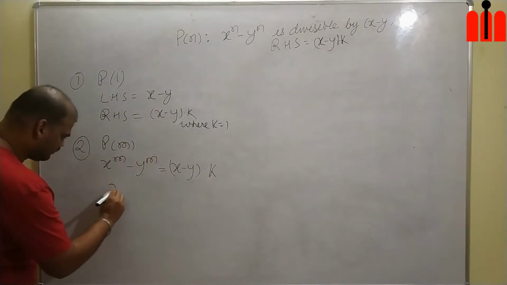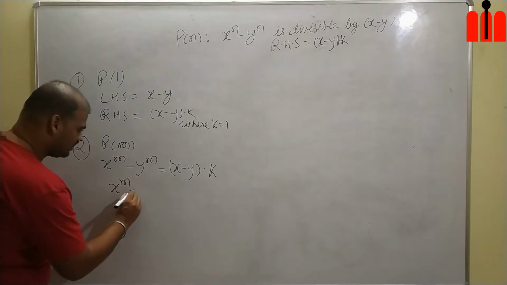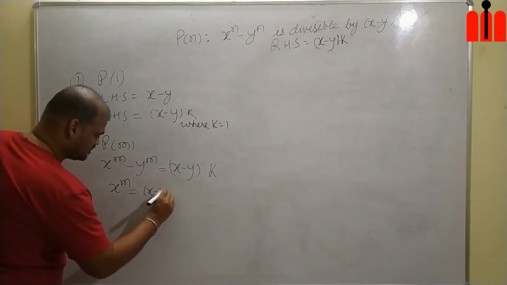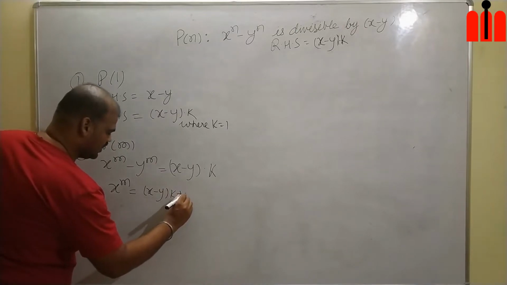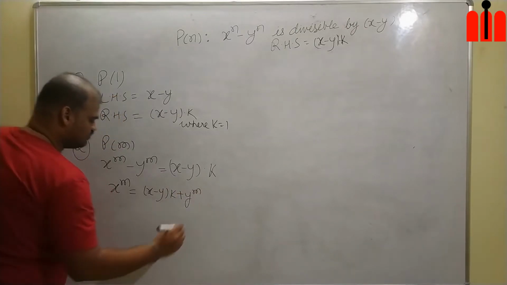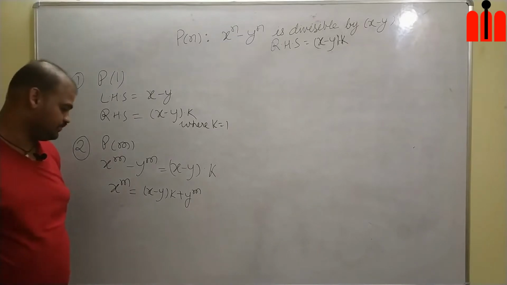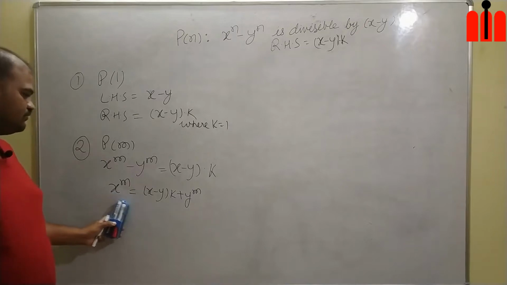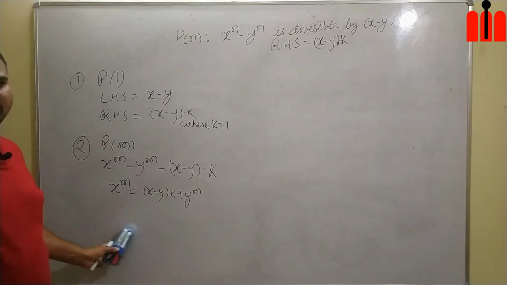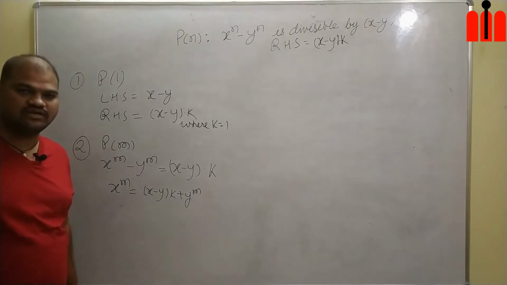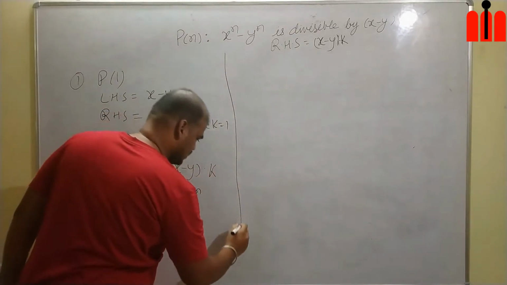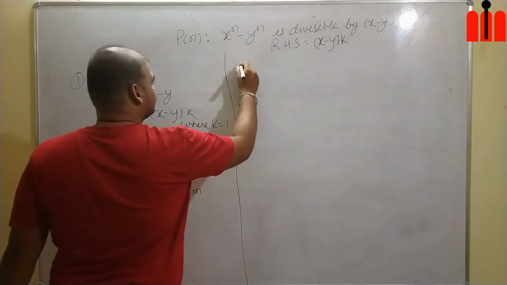I will further drill down: x to the power of m is equal to x minus y into k plus y to the power of m. Okay, so the reason I came up with this expression is that I want to substitute this in my next Pm plus 1 statement. So let's take Pm plus 1.